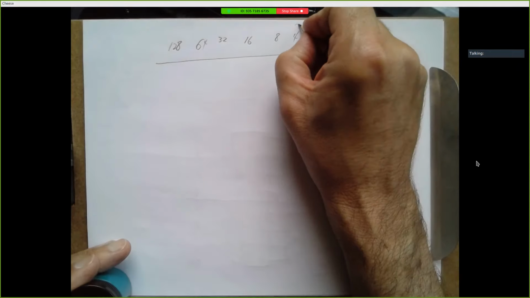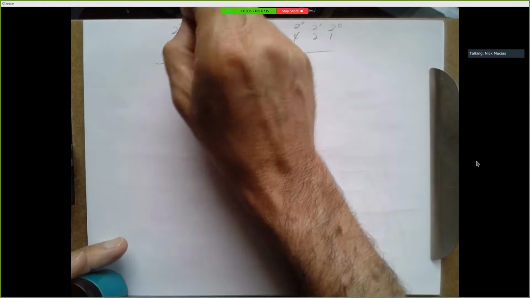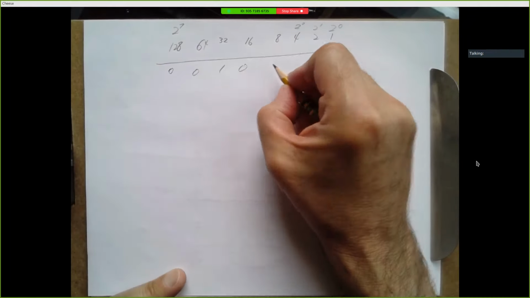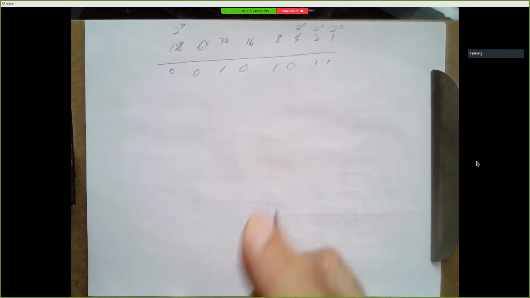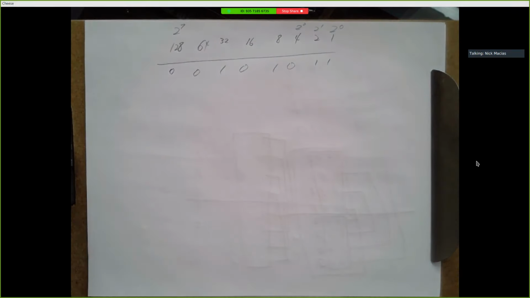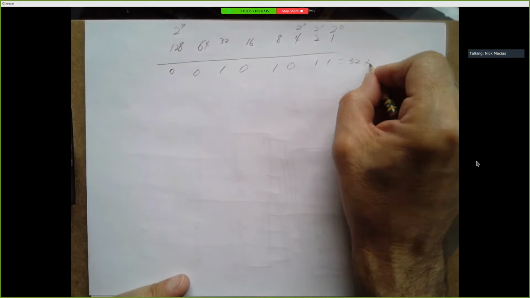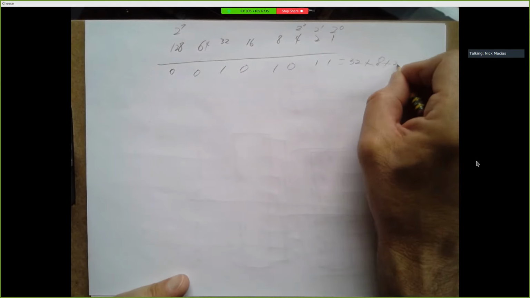This is 2 to the 1st, 2 squared. This is 2 to the 7th. And when we write a number down, it's a series of 1s and 0s. And so this is the number 43 because it's 32 plus 8 plus 2 plus 1.